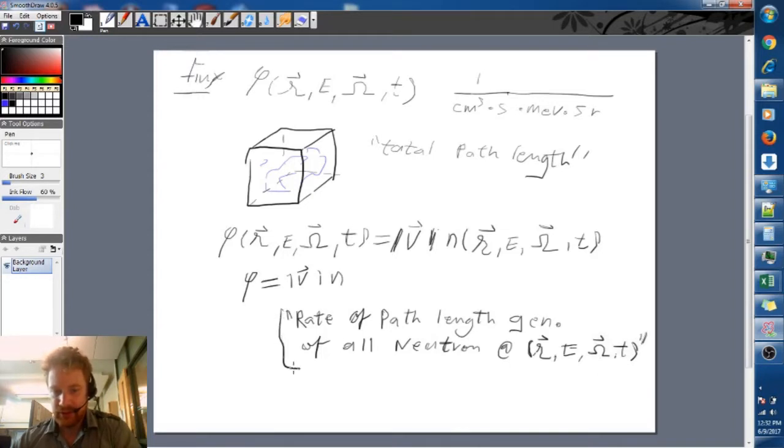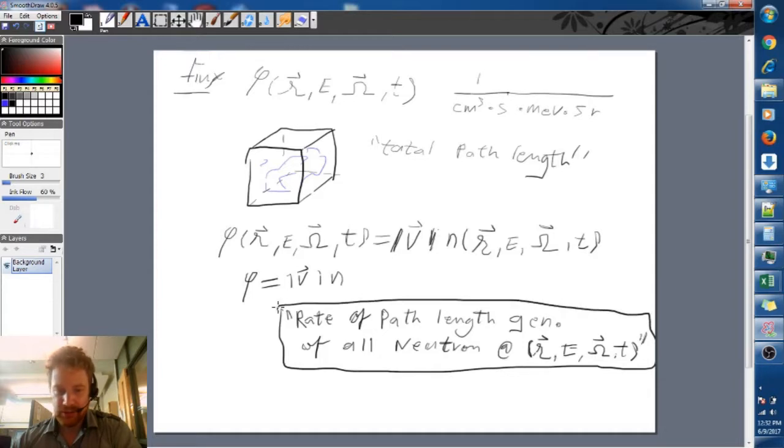I like that definition better. So that's the interpretation for flux. Okay? And sometimes you hear this referred to as the angular flux when it has omega as an argument, because it's the flux traveling at that angle, so angular flux.